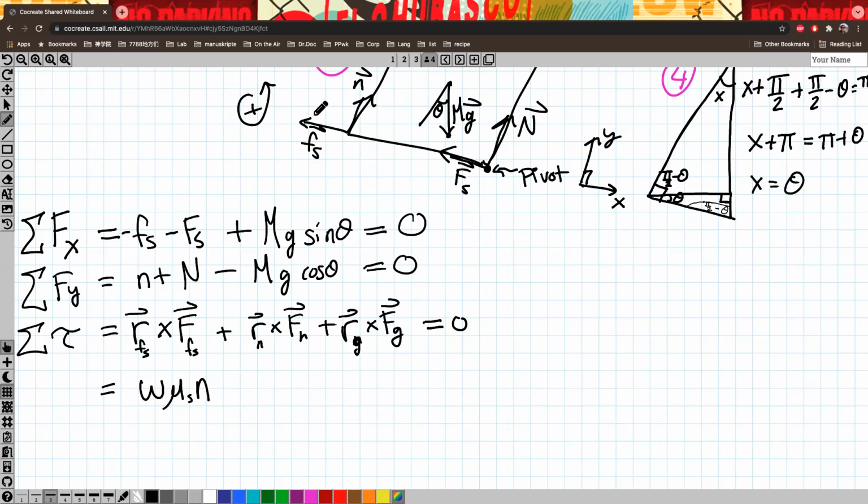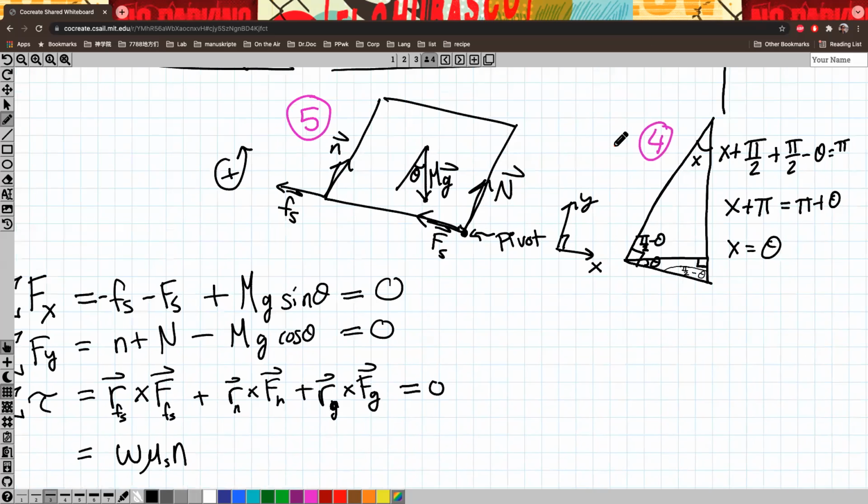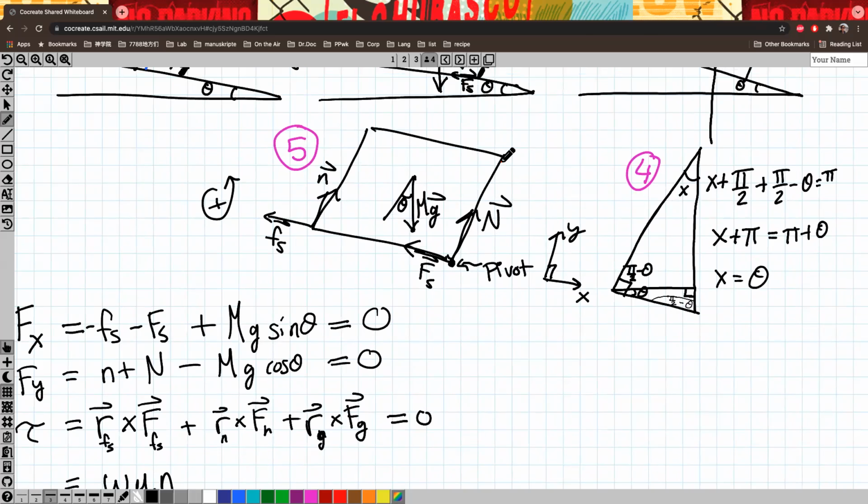So we have this object rotating around this pivot, and this force over here. Is it going to cause it to rotate clockwise or counterclockwise?